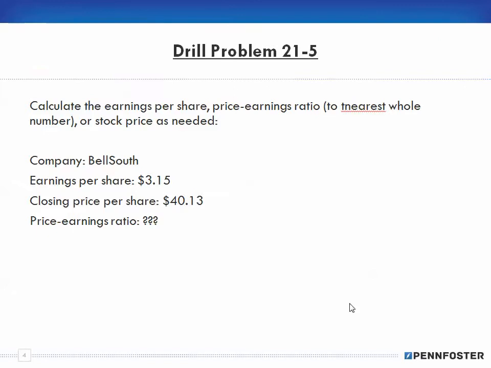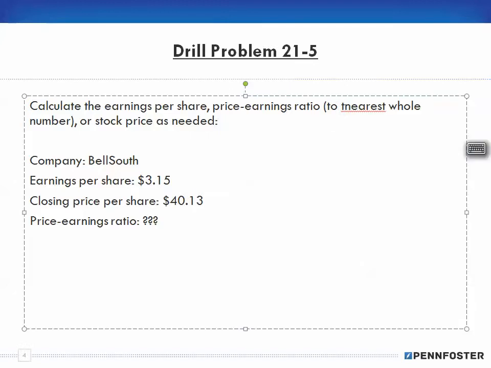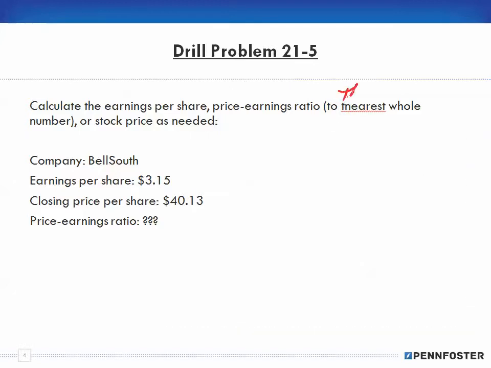All right, next problem. Calculate the earnings per share. Nope, mistaken, that should say to the nearest whole number. So calculate the earnings per share, the price to earnings ratio to the nearest whole number, or stock price as needed.